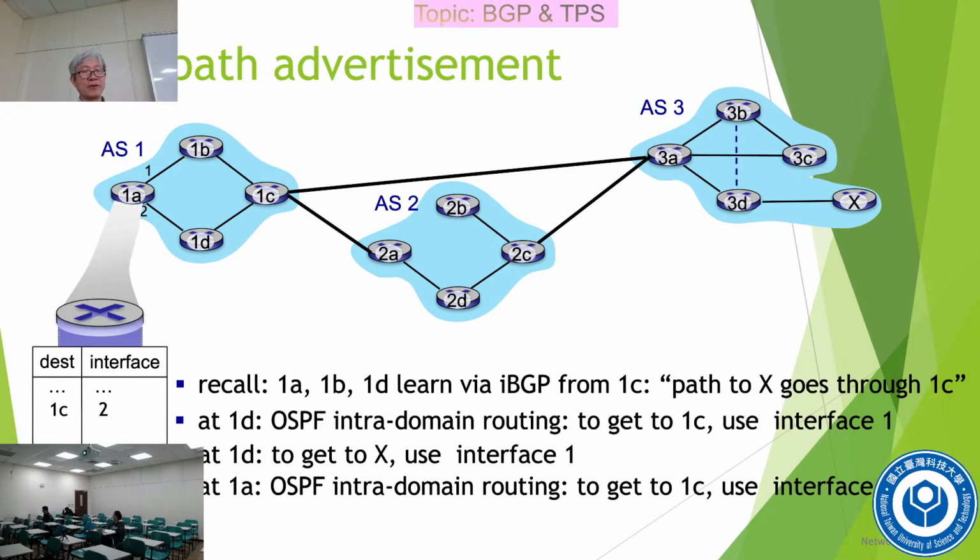Because once we reach 1C, then we can go to AS3. And likewise for 1C, currently maybe you have a question why we choose 2. Actually, for some reason, maybe we have a decision to go to interface 2 rather than 1. We don't have the specific reason, but maybe based on some way we determine to go to interface 2 for 1A. And likewise, because we can go to C using interface 2, so likewise X using interface 2 for router 1A.